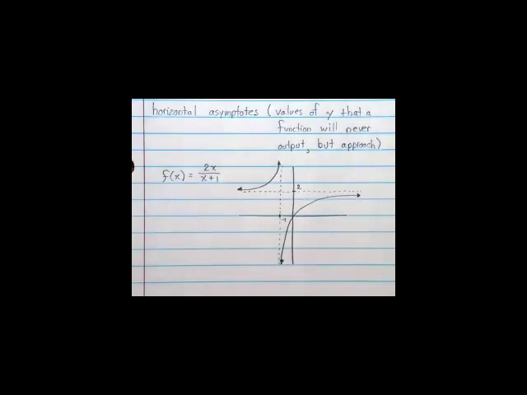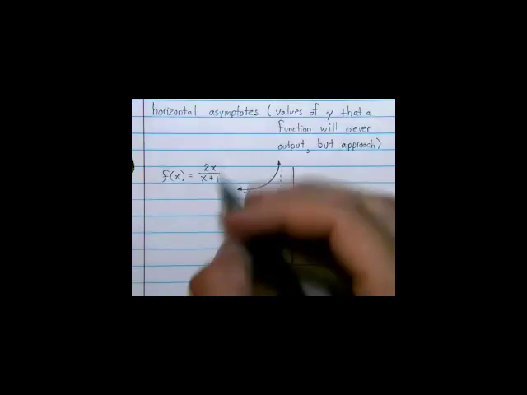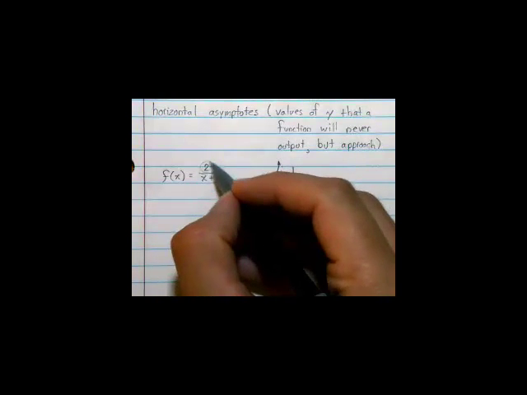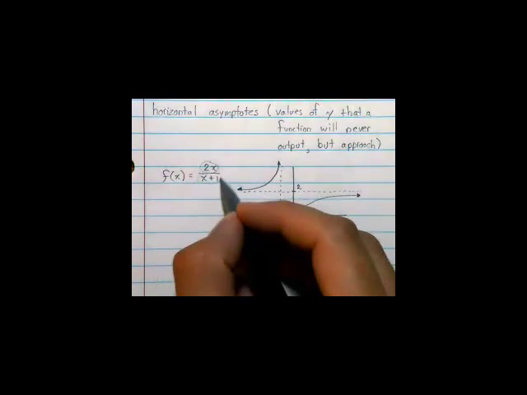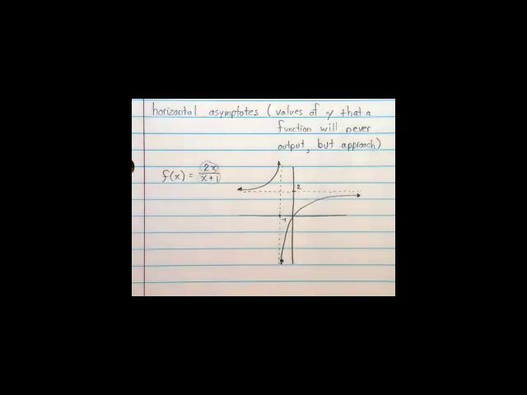Now, how do you determine what the horizontal asymptote is from the equation? Like the vertical ones were easy, right? We just look for the denominator and what's happening there. Horizontals, it's not the same case there. Okay? This one had a horizontal asymptote of 2. Okay? If you look at the equation of this thing, we got a 2x on top, and we got an x plus 1 on the bottom.